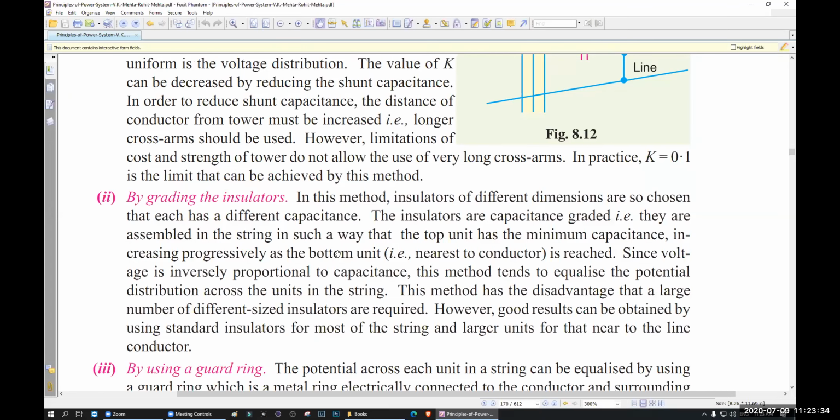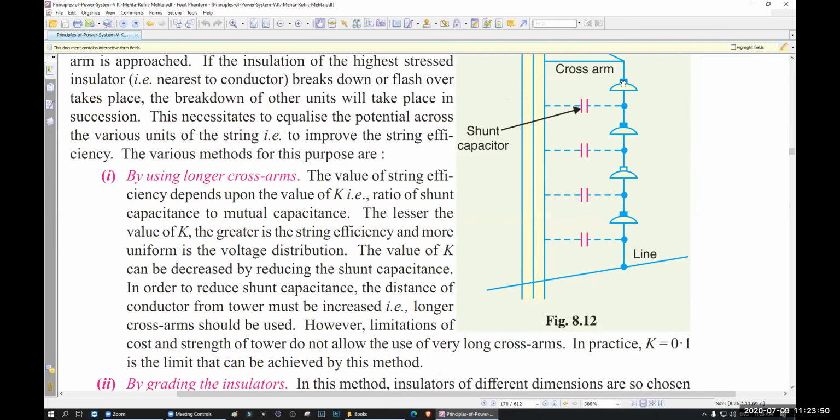Now next one is by grading the insulator. This is a very important method of increasing the efficiency. Grading of insulator means different sizes of insulators will be used. Here you can see all of them are the same size, right? What you can do is increase the size.